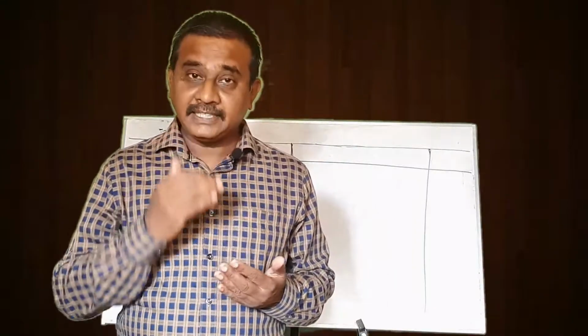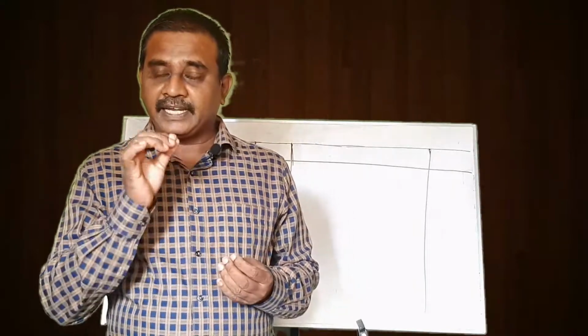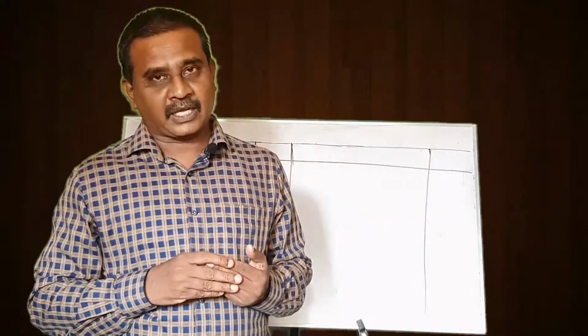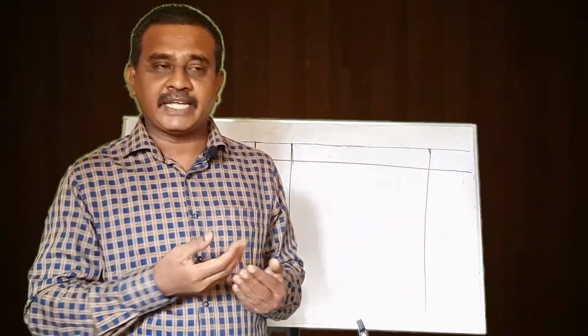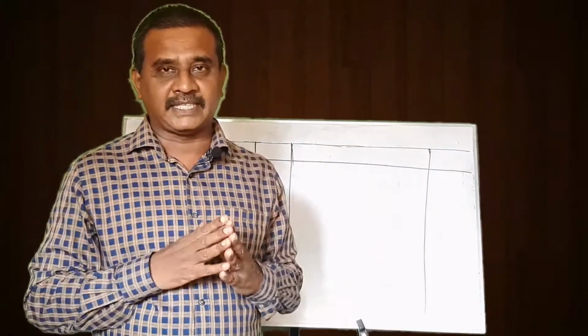At that time, write the format first. And after that, interest on capital should be taken to the credit side of the capital account and interest on drawings should be taken to the debit side of the capital account. And then go for balancing.